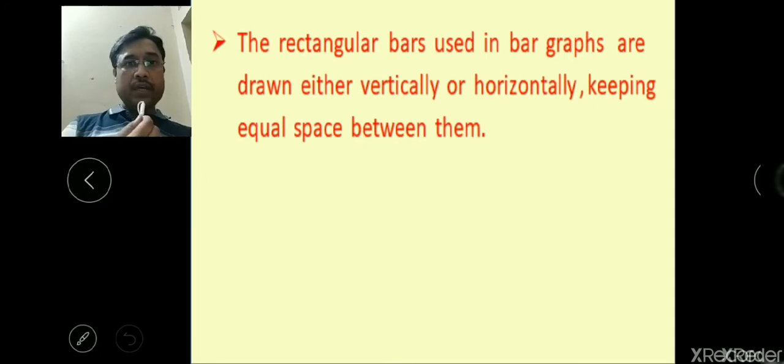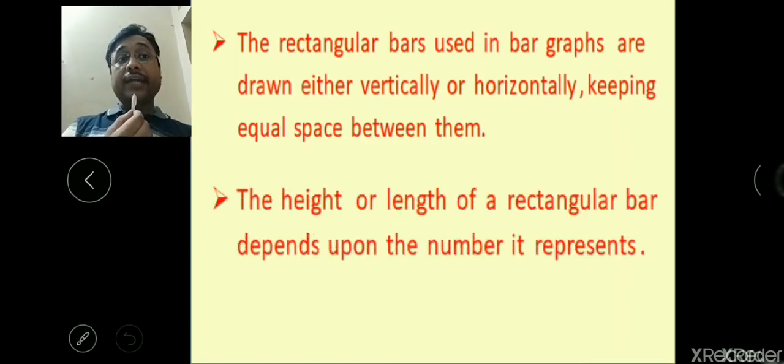Next you have to understand two important points here. The rectangular bars used in bar graphs are drawn either vertically or horizontally, keeping equal distance between them. I have already said that the distance between the two bars should be the same. Next, the height or length of the rectangular bar depends upon the number it represents.